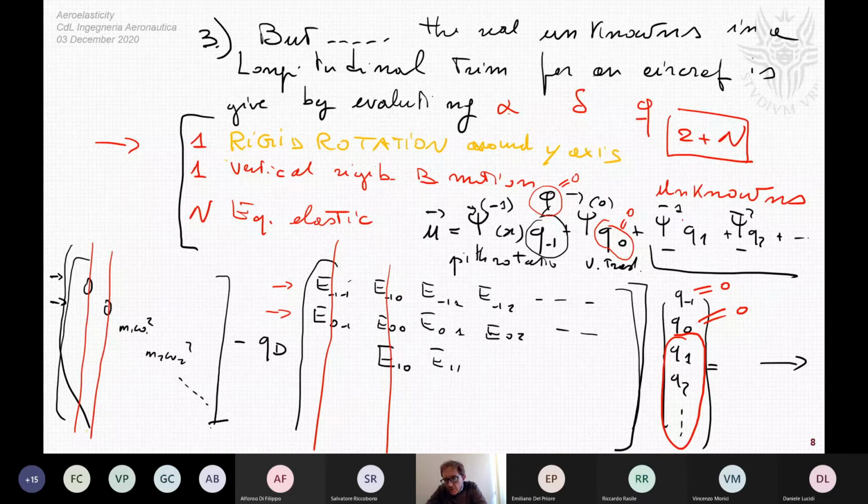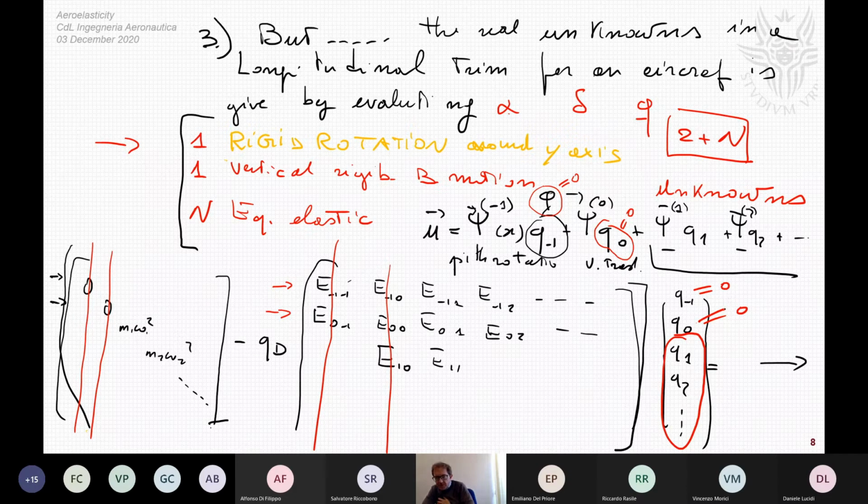The other 1, 2, 3 are the elastic mode numbering of our unknowns, number 1, number 2, and so on. But these first two variables, Q sub -1 and Q0, are set to be 0 in trim condition.